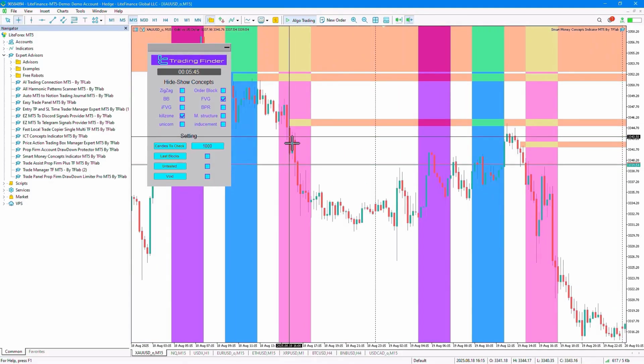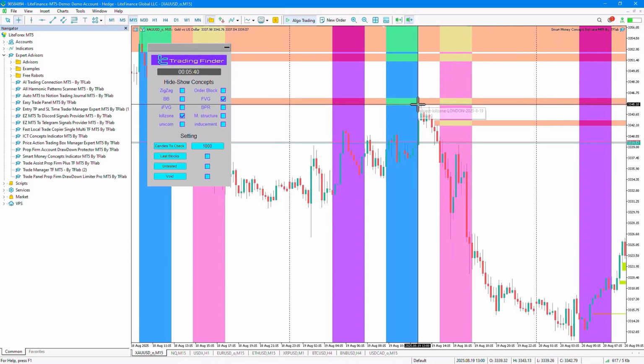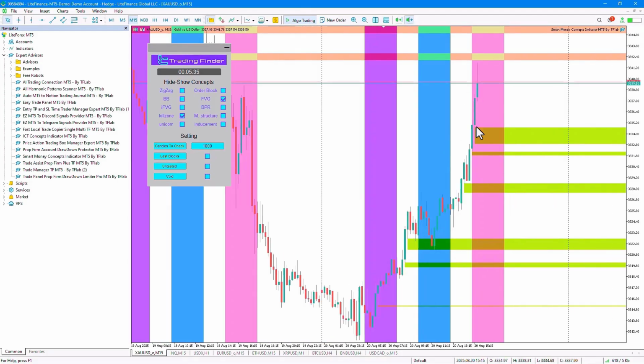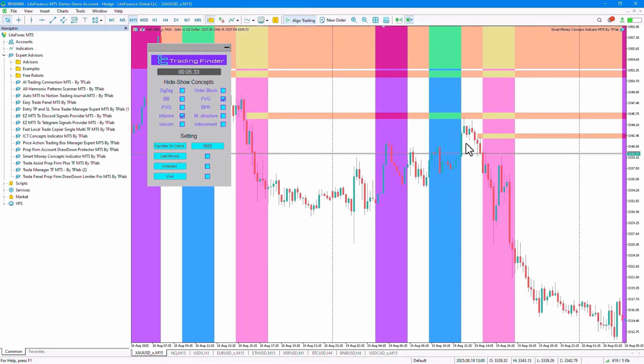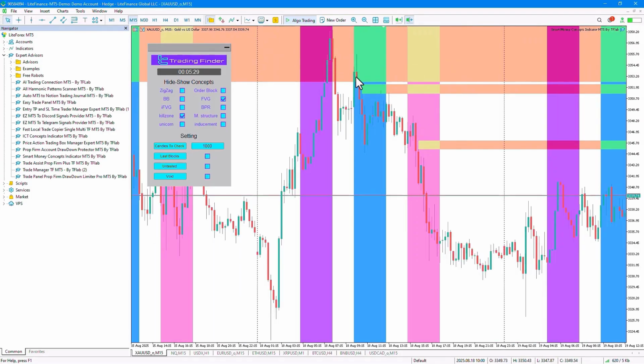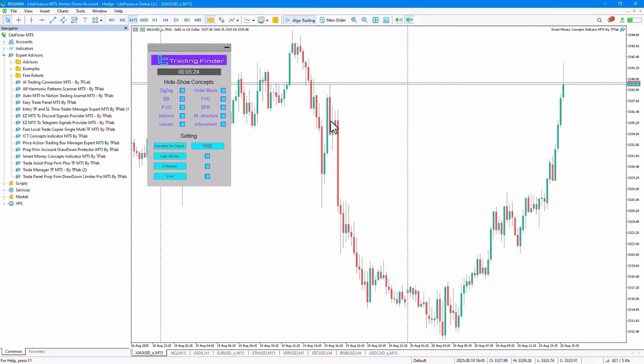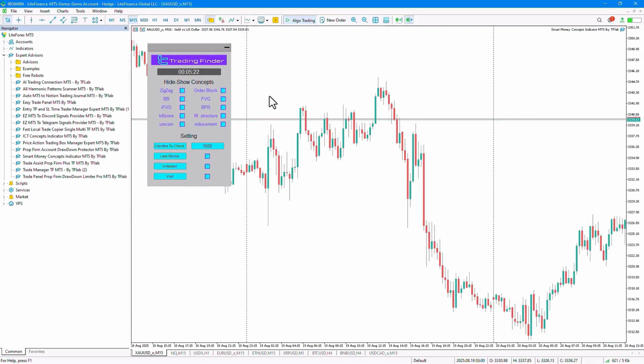As we can see, an FPG zone has been identified within a New York kill zone. With the price returning to this zone, a reaction has formed for us. In the same way, we can apply different strategy systems on the chart.